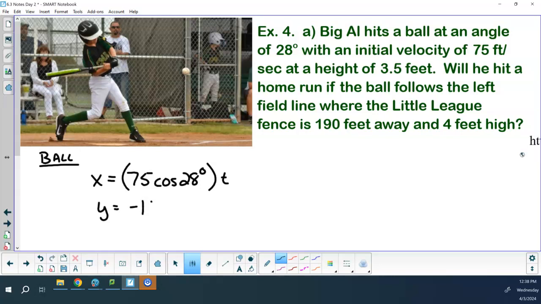Negative 16t squared plus 75 sine of 28 degrees times t, then plus 3.5. If you would be so kind right now as to parametrically graph that ball flight.